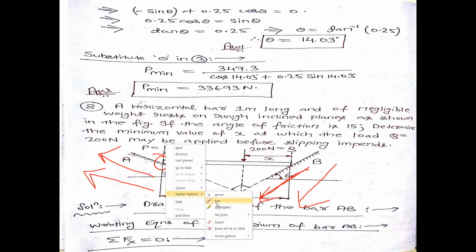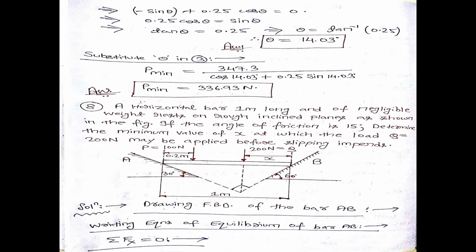So now let us draw the FBD. Just let me erase each and everything. Okay, fine. So if I draw the FBD of this horizontal bar, I can see that one load 100 Newton is acting at a distance of 0.2 meter. Another load 200 Newton is acting at a distance of x meter. Now since this horizontal bar is in contact at point A, this inclined plane will give a reaction to this horizontal bar at point A in this direction, say it is RA.